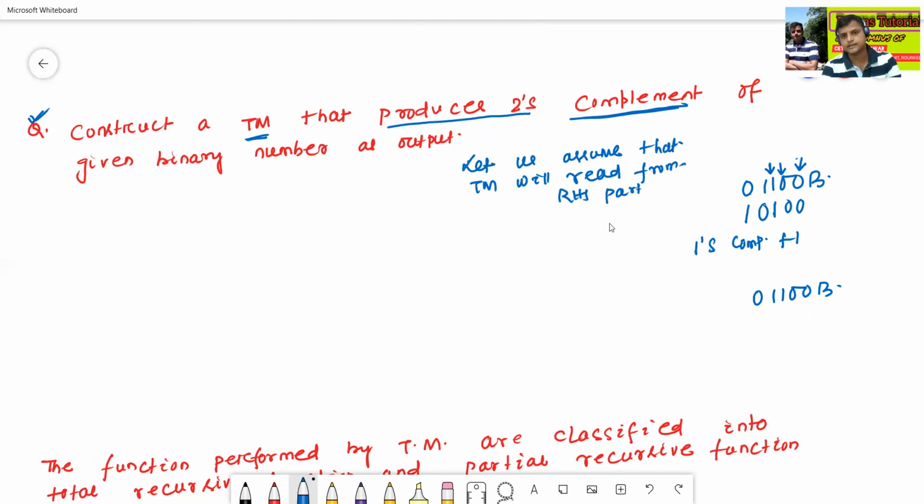This is Q0. Q0 reads from here. Q0 reads the blank symbol and moves towards left, then goes to the Q1 state, with B and L. So here the input is 0 and the output is 0, the input is 0 and the output is 0. That means 0 just makes a self loop. 0 0, then it moves towards left.